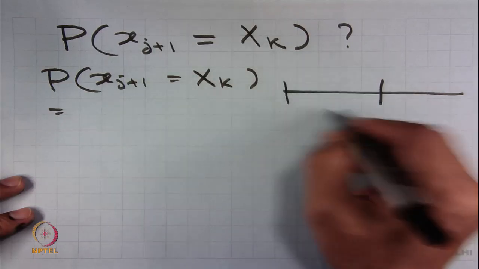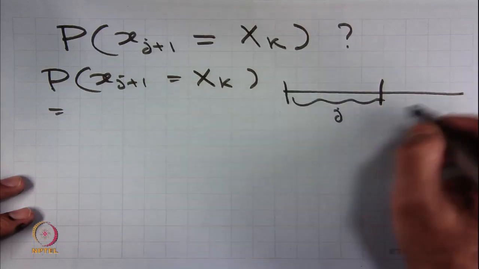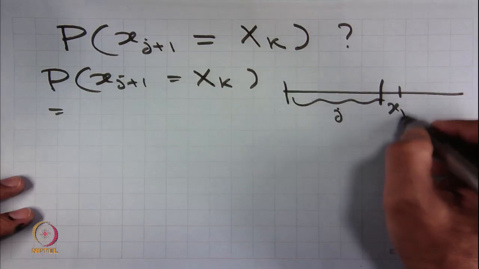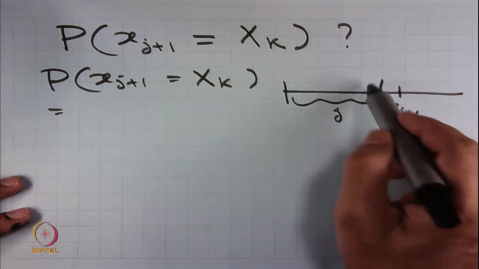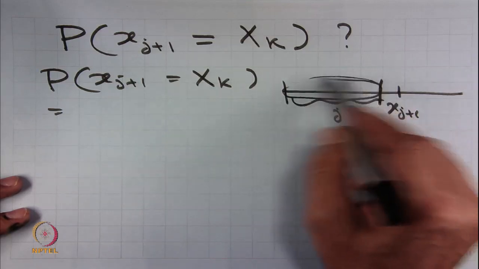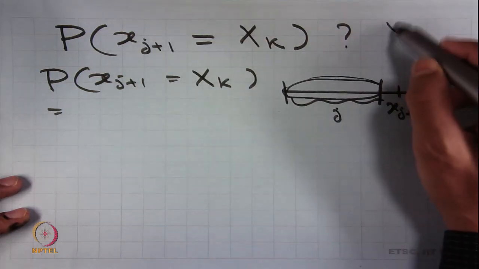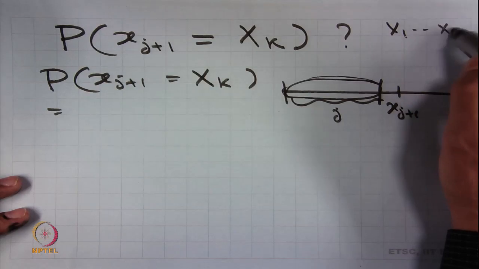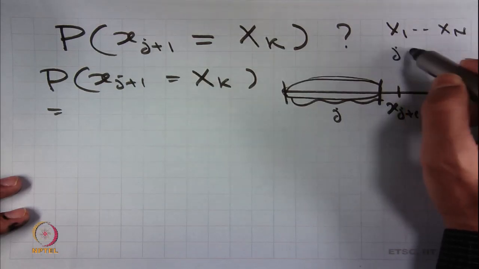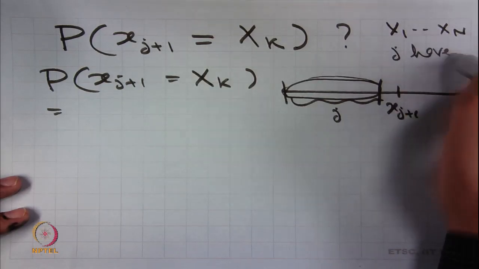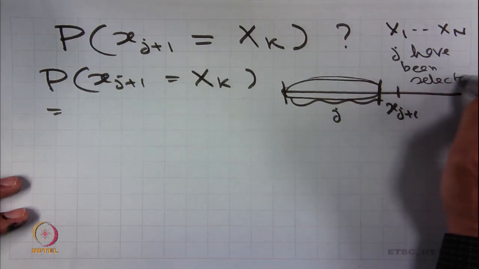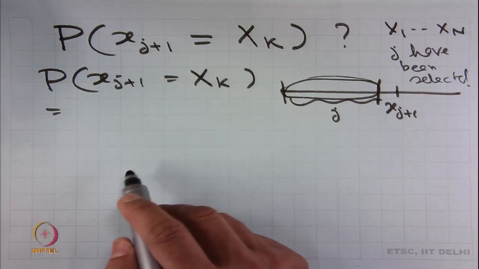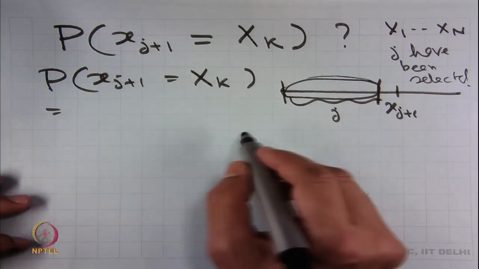First, j samples have been chosen and I am looking at the j plus 1th sample. In the first j samples, out of x 1, x 2, x n, j have been selected. Since j of them have been selected, how many are left?